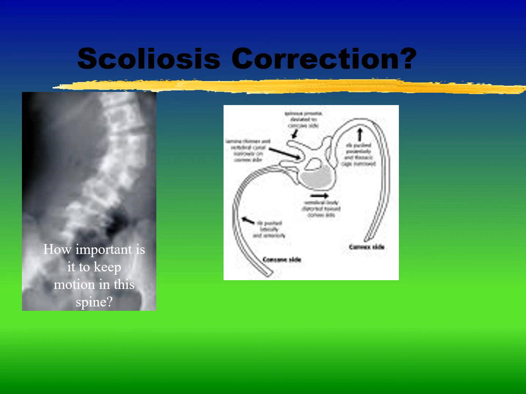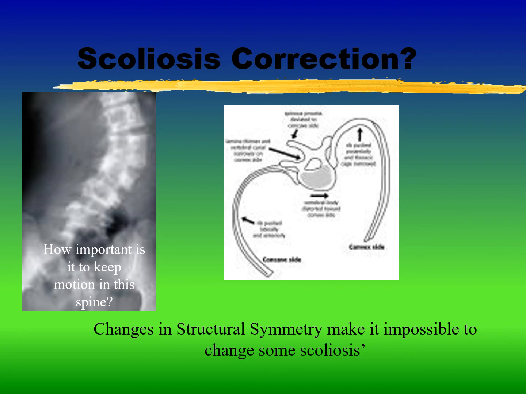The patient will not be very stable on the table, and our lines of correction to correct the subluxations are not always in the normal lines of correction because we have to adapt for the rotation of the spine along with the curvature. So this type of patient typically is not very stable in the knee chest. That's why we adjust them on the high-low. And because of some of these structural asymmetries, making corrections to these scoliosis is impossible.